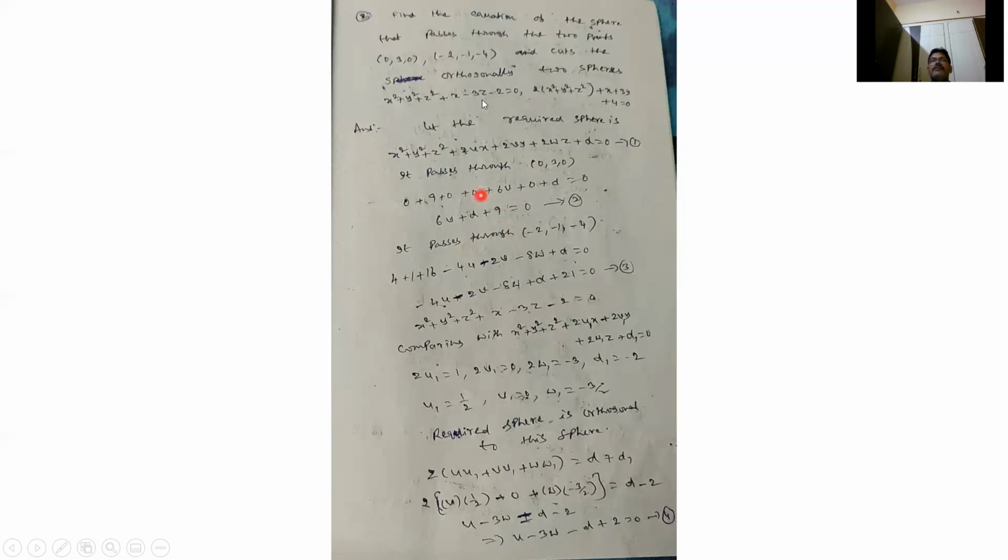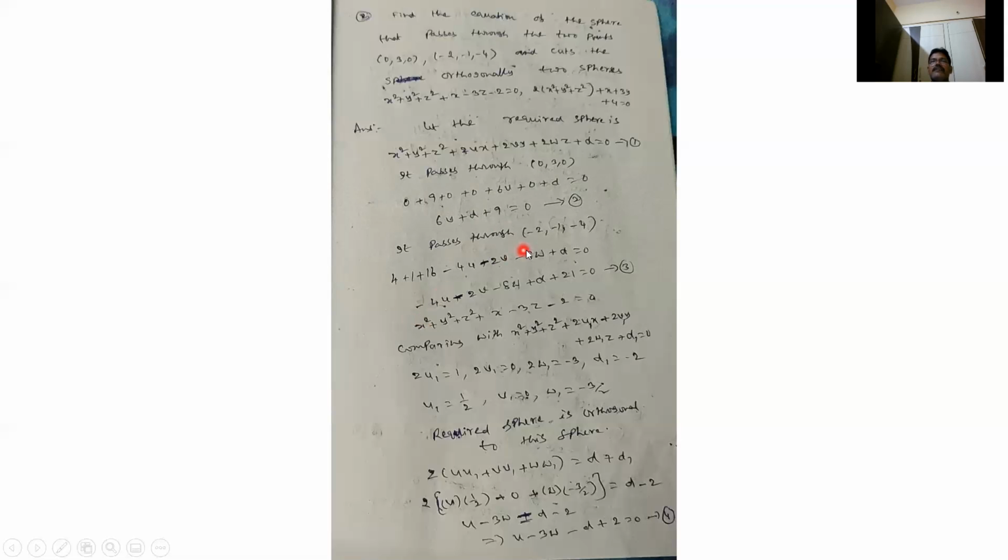It also passes through (-2, -1, -4). Substituting x = -2, y = -1, z = -4: (-2)² is 4, (-1)² is 1, (-4)² is 16. Then 2ux gives -4u, 2vy gives -2v, and 2wz gives -8w, plus d equals 0.